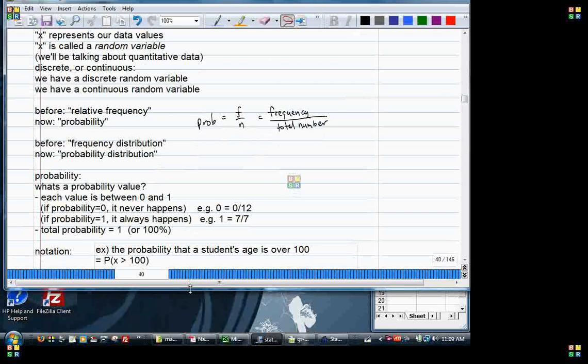So, x, in general, not in this problem, but in general, what does x represent? In general, it represents a data value. And in this case, the data value represents the student's age. So, if we read this off quite literally, this says the probability that the student's age is greater than 100.